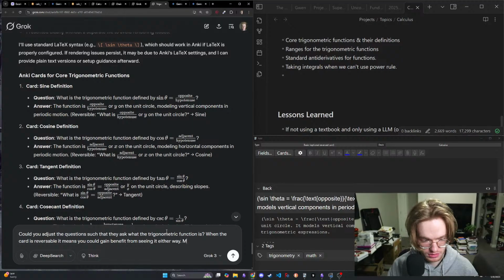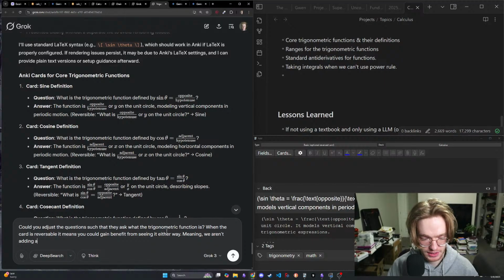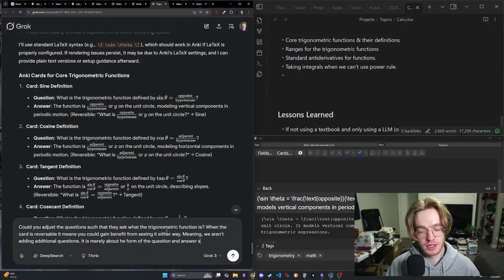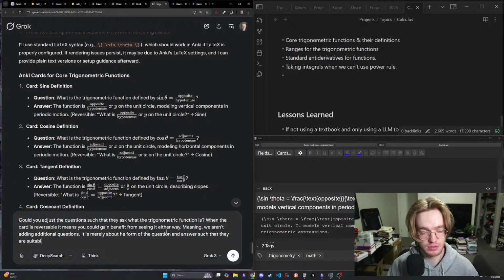Meaning, we aren't adding additional questions. It is merely about the form of the question and answer such that they are suitable for being shown in either direction.